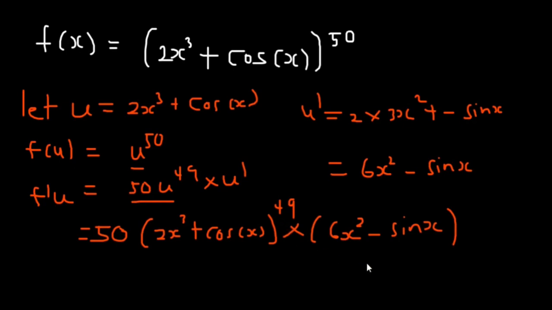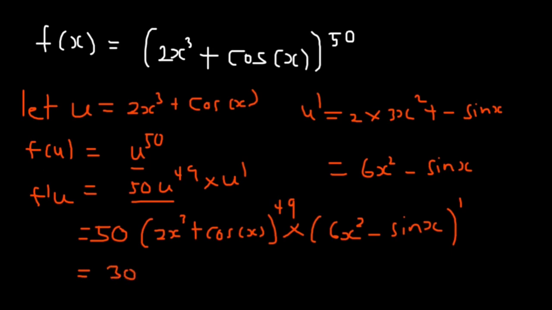Now that we have this, we can further simplify. This is to the power 49, so before I can multiply the 50 by this, I would have to expand that bracket. But I see the other bracket is to the power 1, so I can multiply the 50 by it. 50 times 6 gives me 300.